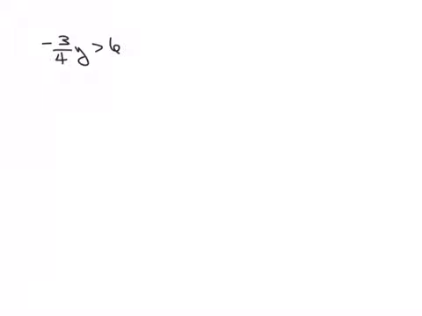So, we're trying to get rid of this here. So we're going to divide both sides by negative 3/4. We divided by a negative, so we're going to switch our sign around. So this all goes away. Switch the sign.